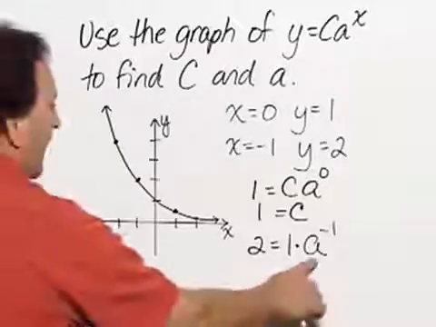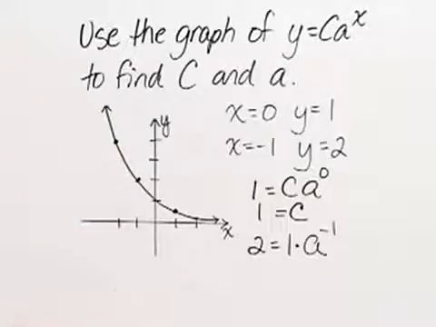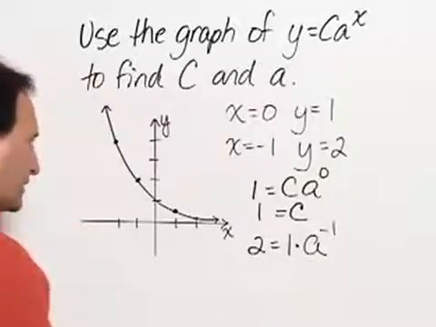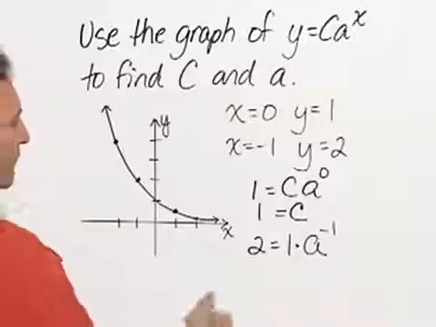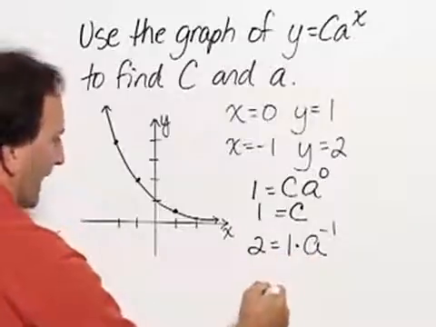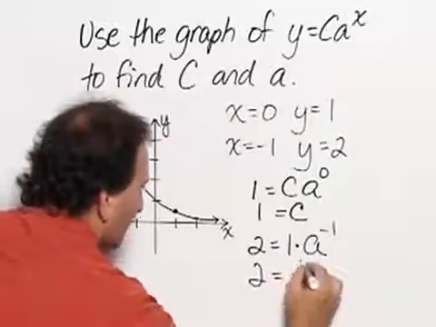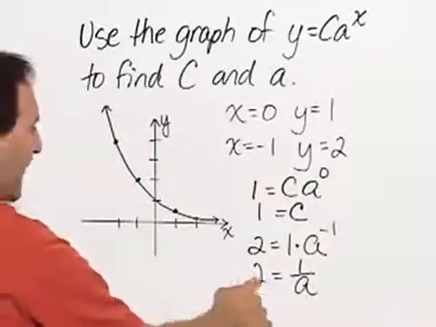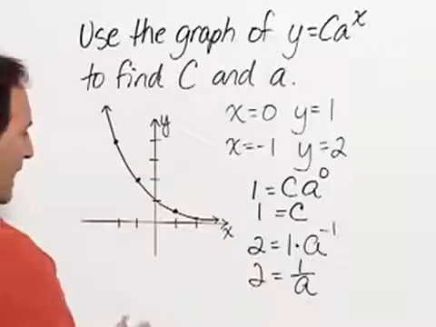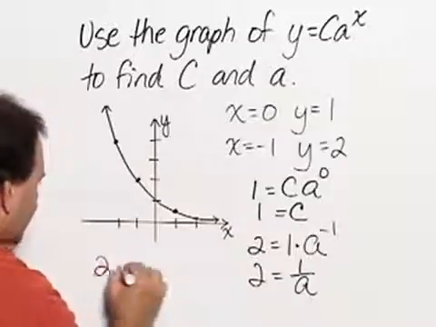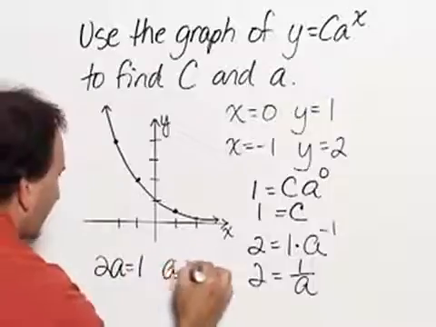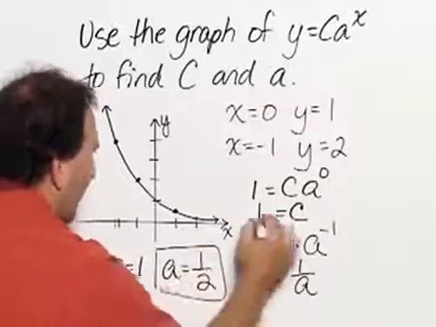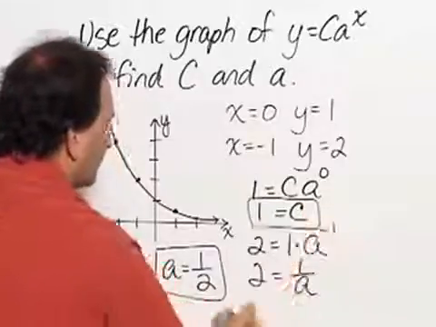To solve for a, we could think of that as 1 over a, and so therefore we would have 2 equals 1 over a, and multiplying both sides by a, we get 2a equals 1, and that means that if we have 2a equals 1, then a is 1/2. So we have a value of 1/2 for a and a value of 1 for c.